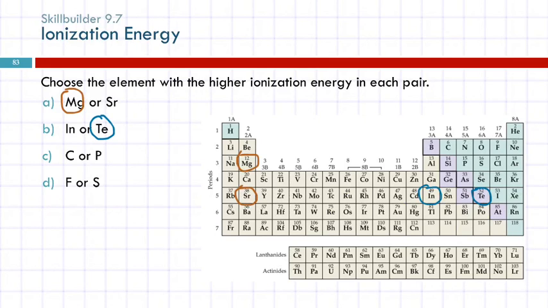How about carbon or phosphorus? Well, we've got to look at the trends. Here we've got a diagonal thing going on. As we go across, ionization energy gets larger. That predicts that phosphorus has the larger. As you go down, it gets smaller.